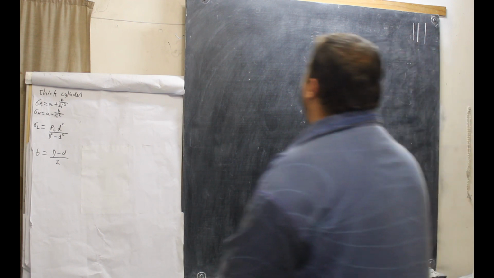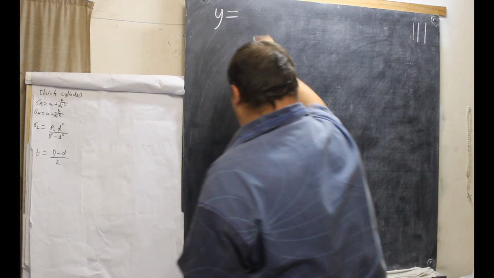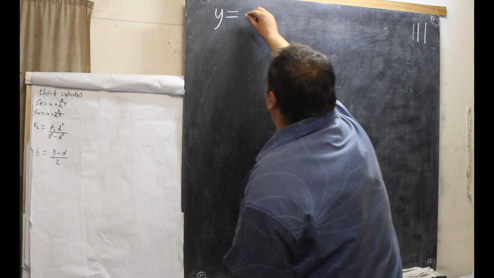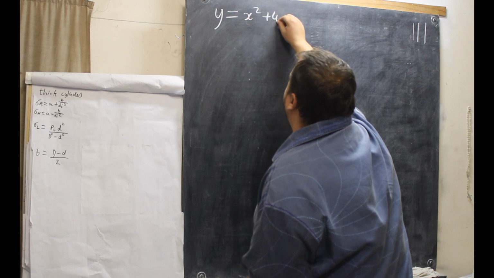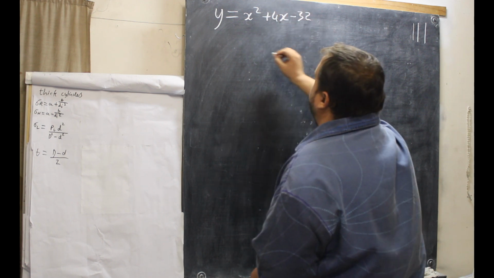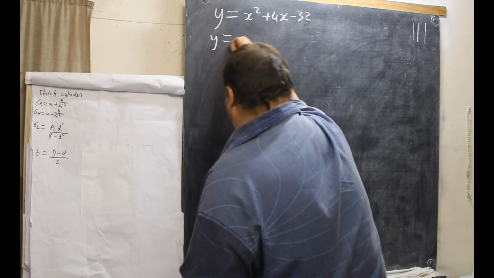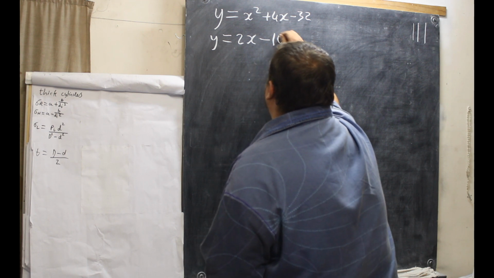Now, in this particular case, area bound by two curves, you are given two formulas: y equals x squared plus 4x minus 32, and y is equal to 2x minus 10.